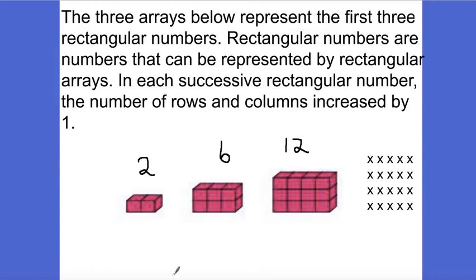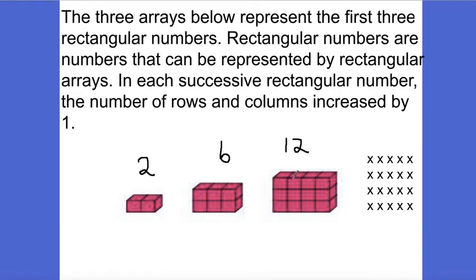So what would be the next rectangular number? Well, remember that the number of rows is going to increase by 1, and the number of columns is going to increase by 1. So since there's 1, 2, 3 rows here, the next one will have 1, 2, 3, 4 rows here. And how many columns?